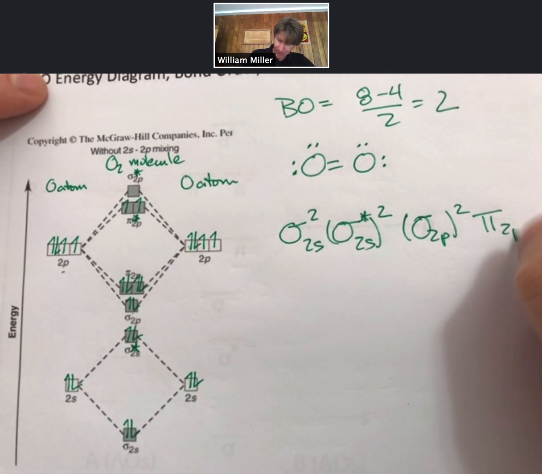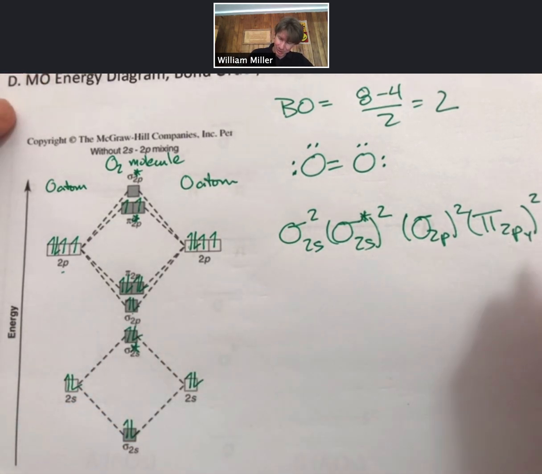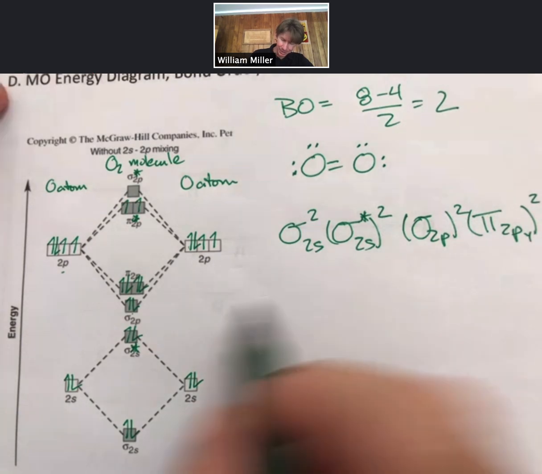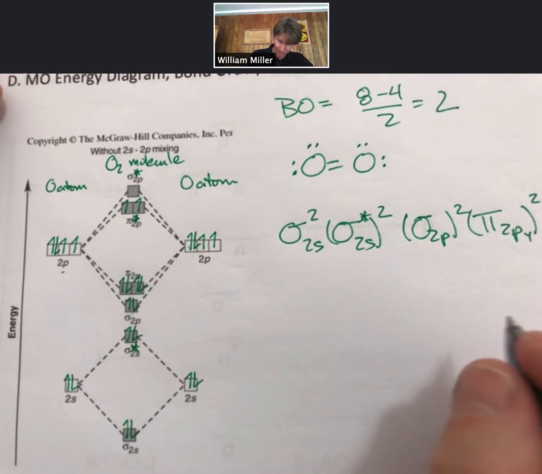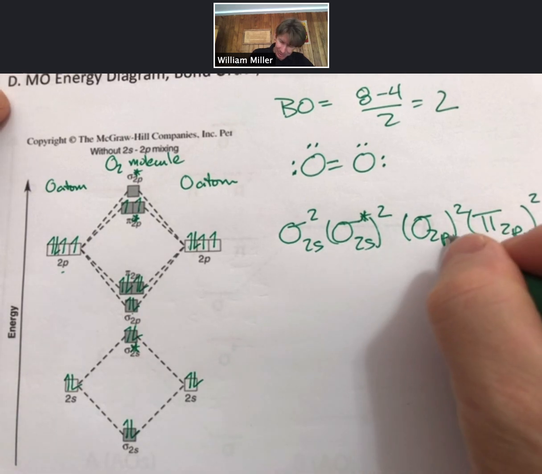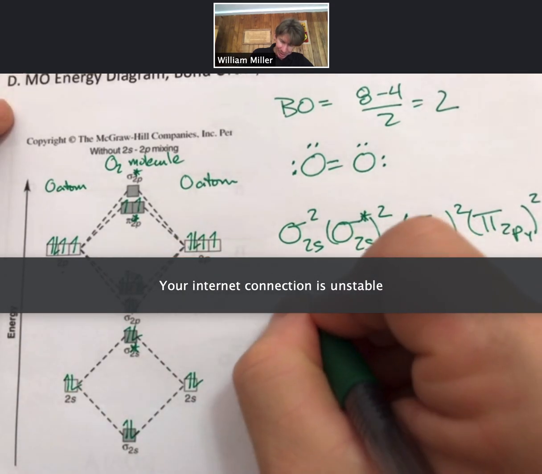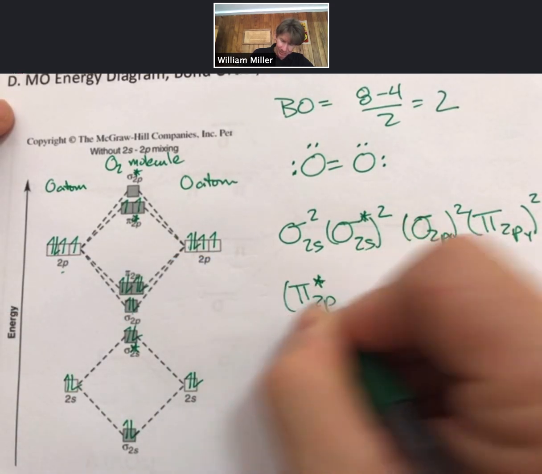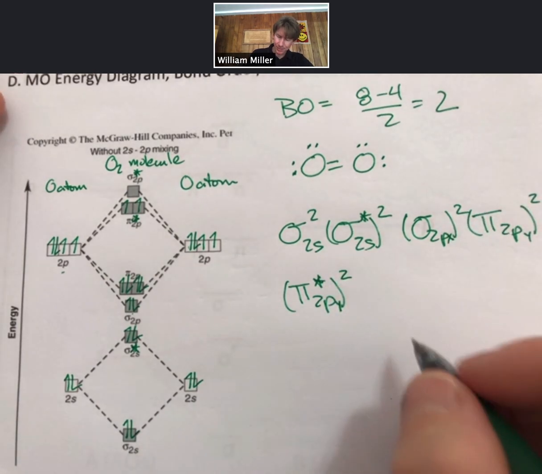Pi 2py 2, excuse me, pi 2pz 2. Then pi star 2p, and I guess, oh, yeah, no, I caught it. Sigma 2p. I guess we should call this sigma 2px. And again, continuing on, so pi star 2py squared 2.